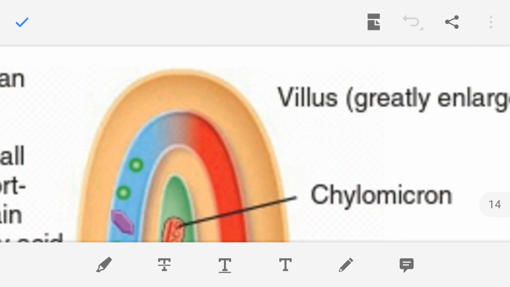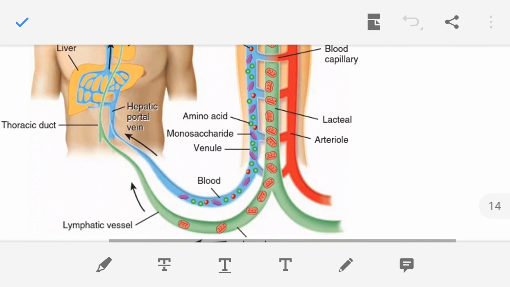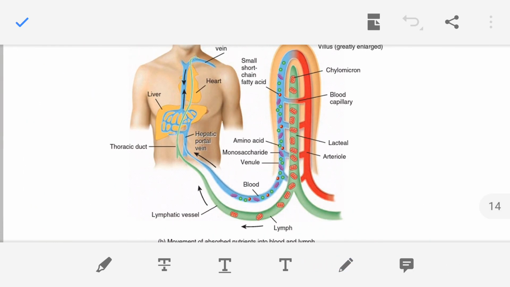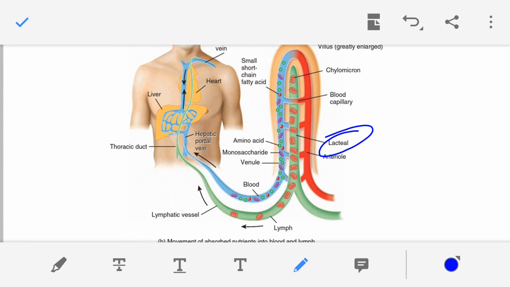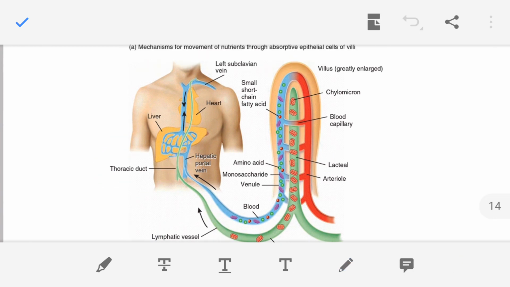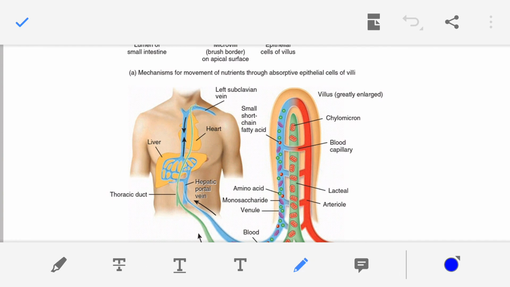Now in the lacteal what is there? Lymph is there. Now what is happening to the lacteal? The lacteal merges with the lymphatic vessel, then this lymphatic vessel merges with the thoracic duct, and the thoracic duct pours the lymph into the main blood circulation.